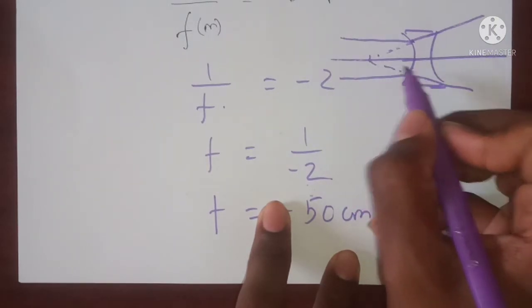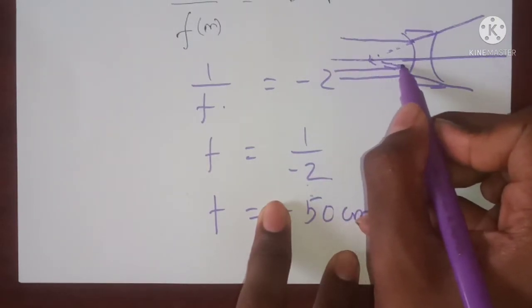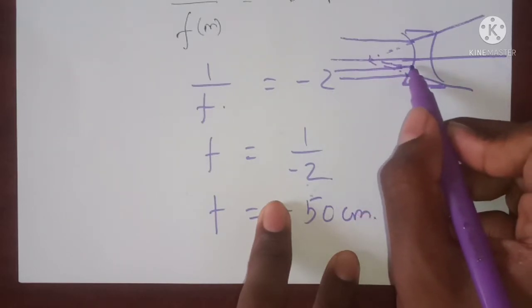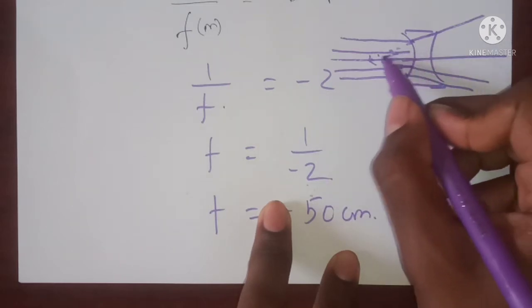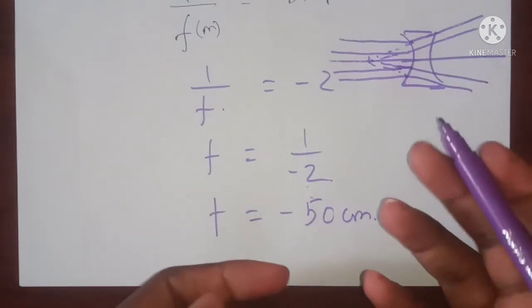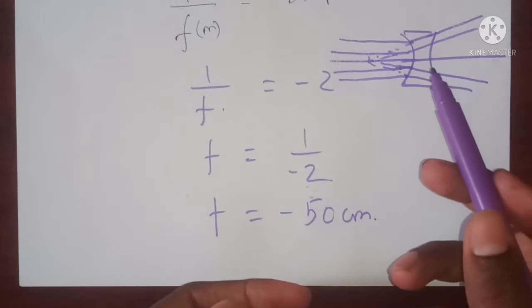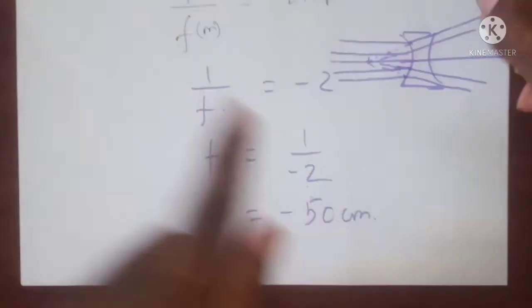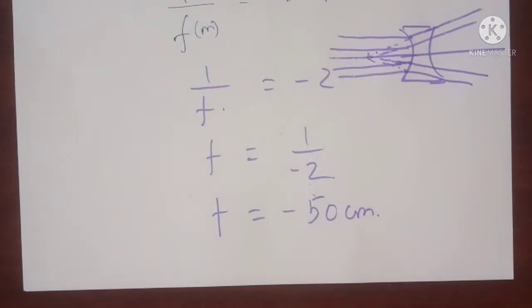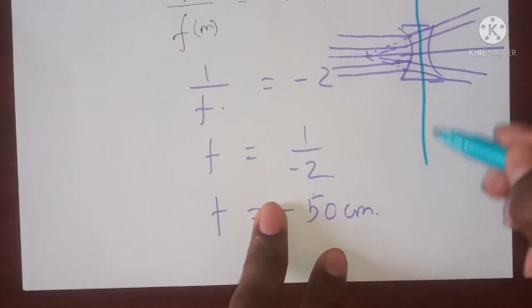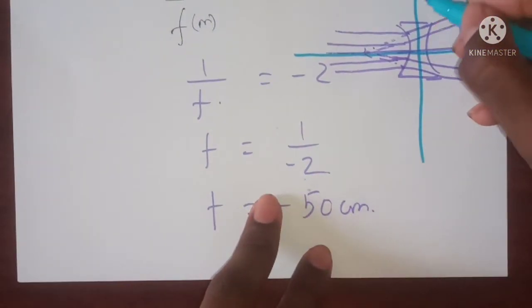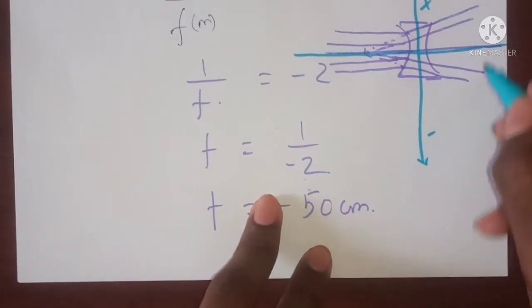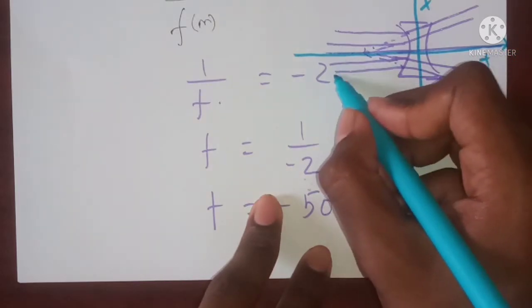So if we take any ray, it will pass like this. Basically a concave lens has a focus that is minus, because when you draw a graph over here like this, up is positive and down is negative, and right is positive and left is negative.